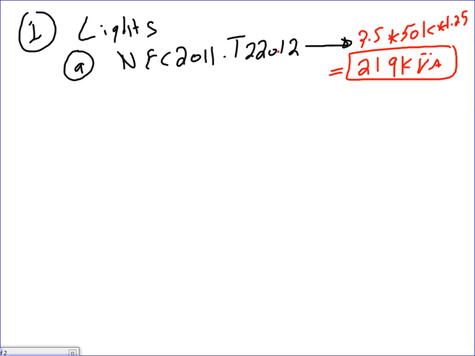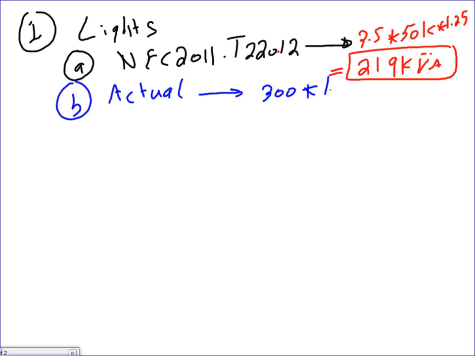So this is A. And B, we're going to choose the largest. B is actual. Actual is when we put Brooks on this project. Brooks decided to have 300 fixtures. Here's my 300 fixtures, Brooks. Each one of them you picked at 1.65 amps.